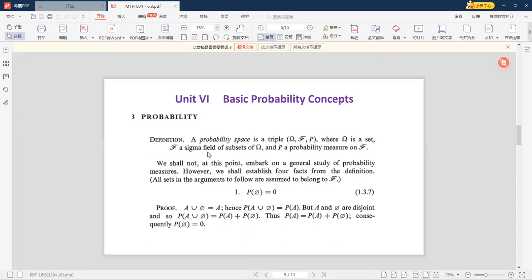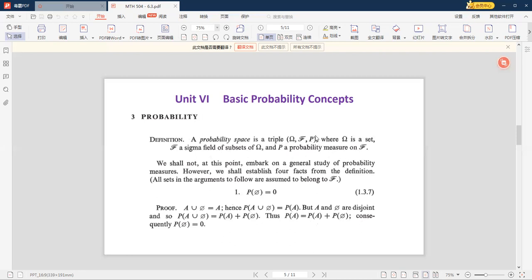That's why it's called the sigma field. And then it also includes another parameter P, the probability measure, a function defined on this sigma field, which gives a number between 0 and 1 with some properties.